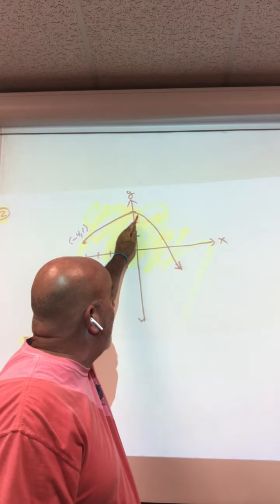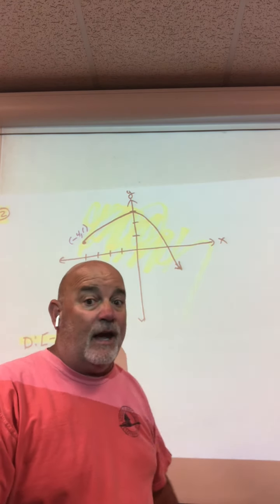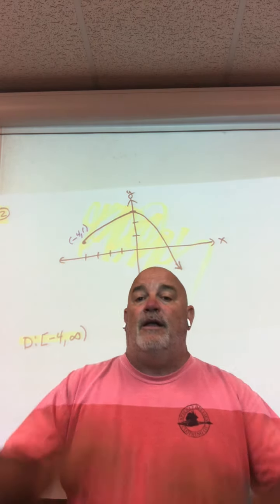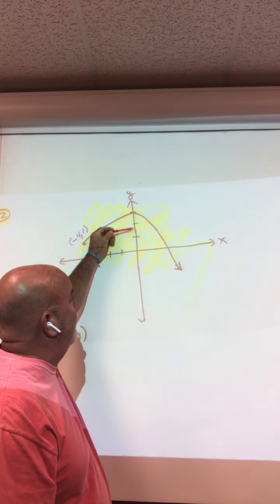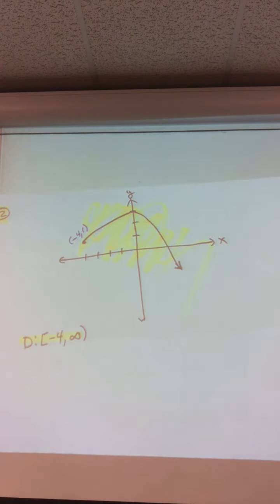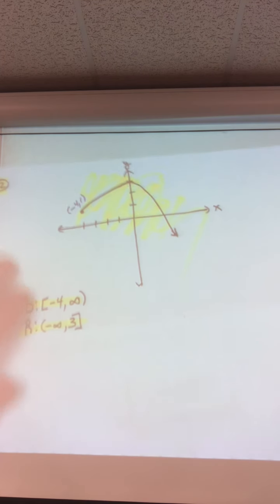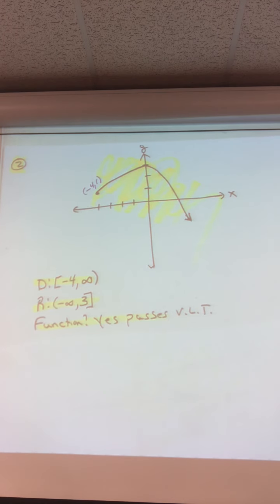All right, does this graph have a bottom? No, it does not. So the bottom now, since its bottom is negative infinity, now does it have a highest point? Yes, it does, up at 3. So the range is from negative infinity up to 3. And is that a function? Yes, it passes the vertical line test.